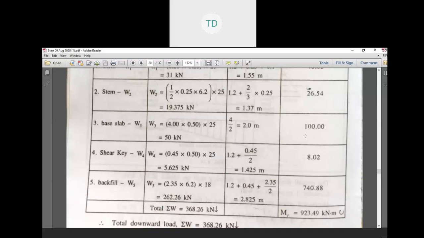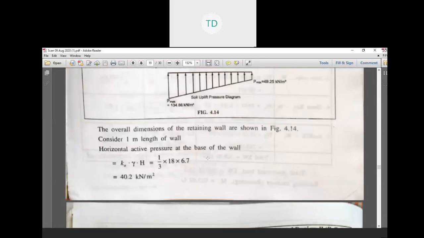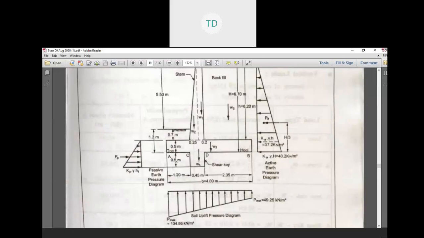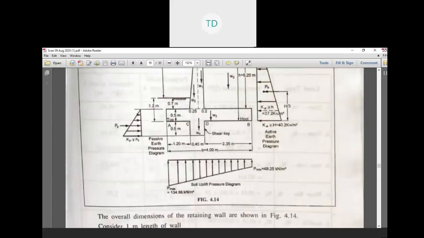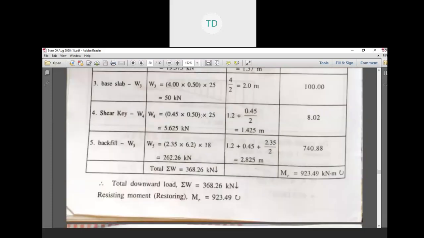We get the moment of 100. Now for the shear key, 0.5 into 0.45 we get the pressure. For the perpendicular distance, 1.2 plus 0.45 divided by 2. Let us check and confirm: 0.45 into 0.50 into 25, and 1.2 plus 0.45 divided by 2.